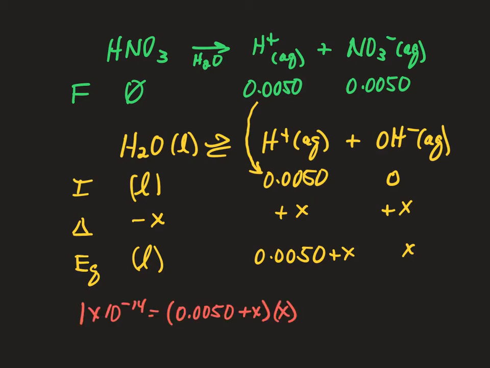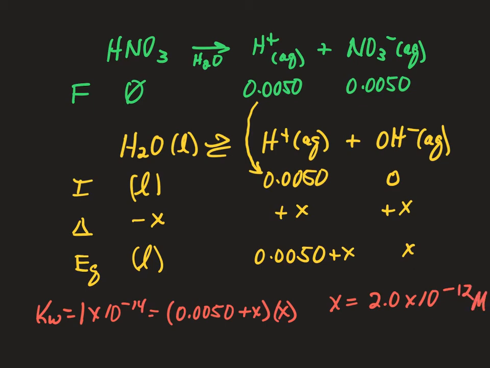So if you substitute those numbers into the Kw expression, this is your Kw, you get that expression. If you solve that, even if you go through the quadratic, you get x is equal to 2.0 times 10 to the minus 12 molar.